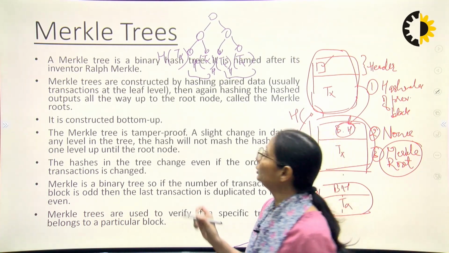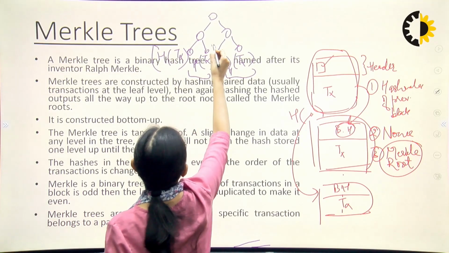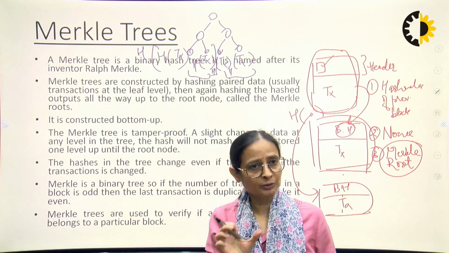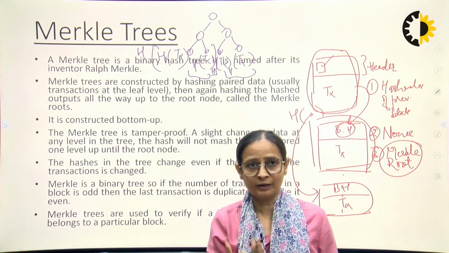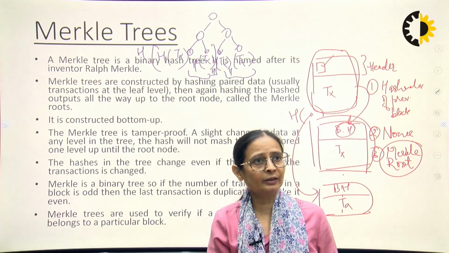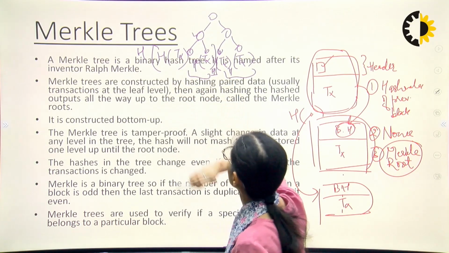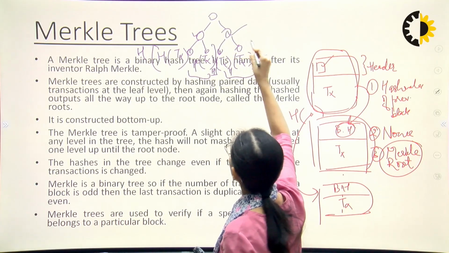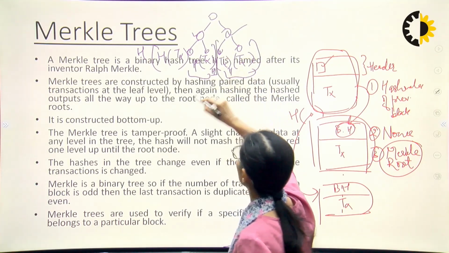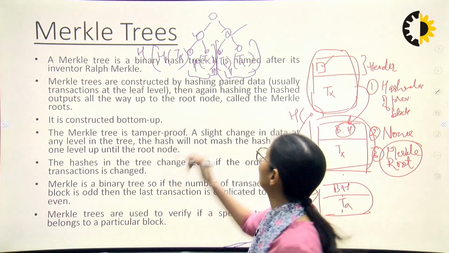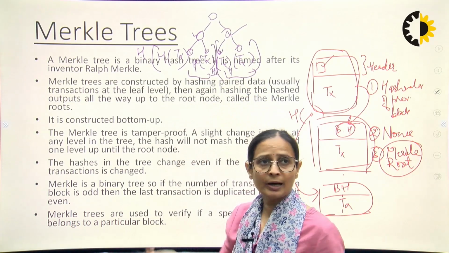Now we compute the hash of both leaf nodes. Then we come up and find a hash value. Now this hash value is stored here. Similarly, we find the hash value, combine these two hash values, find a hash value for these two nodes and store that hash value at the parent node.